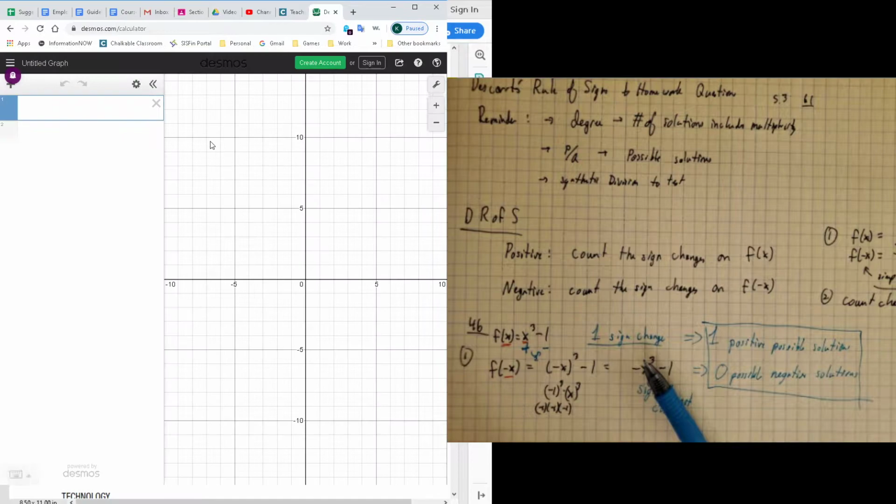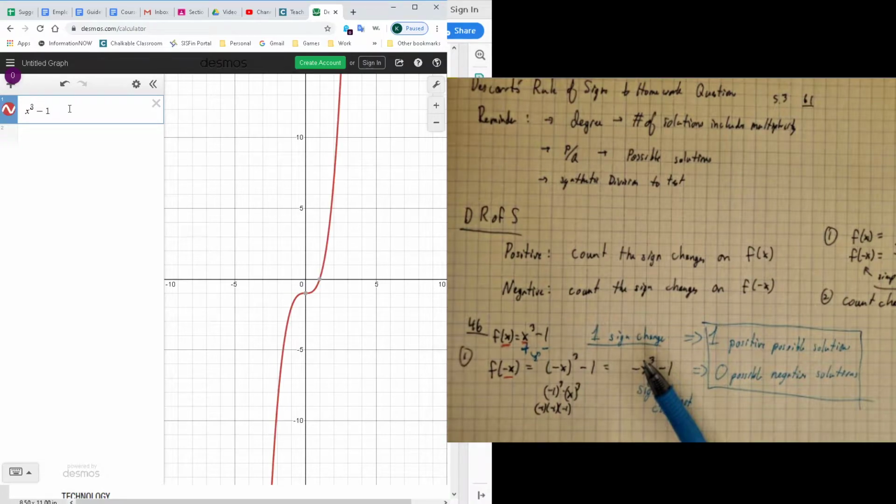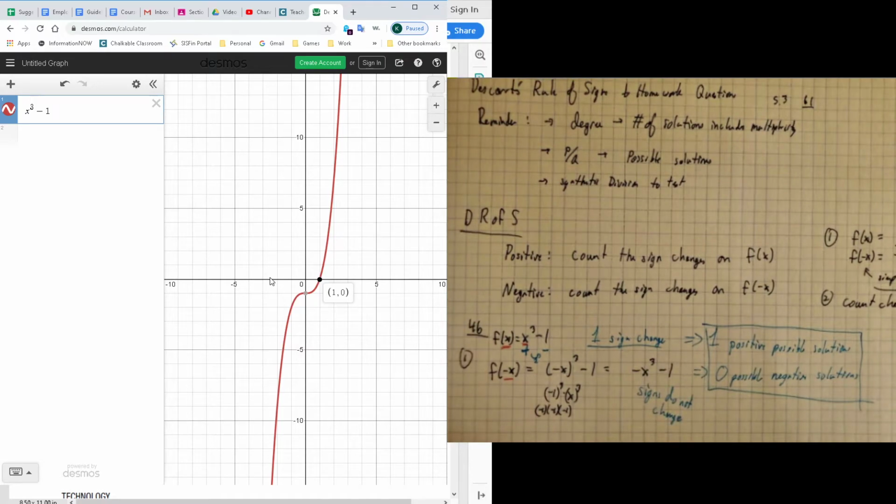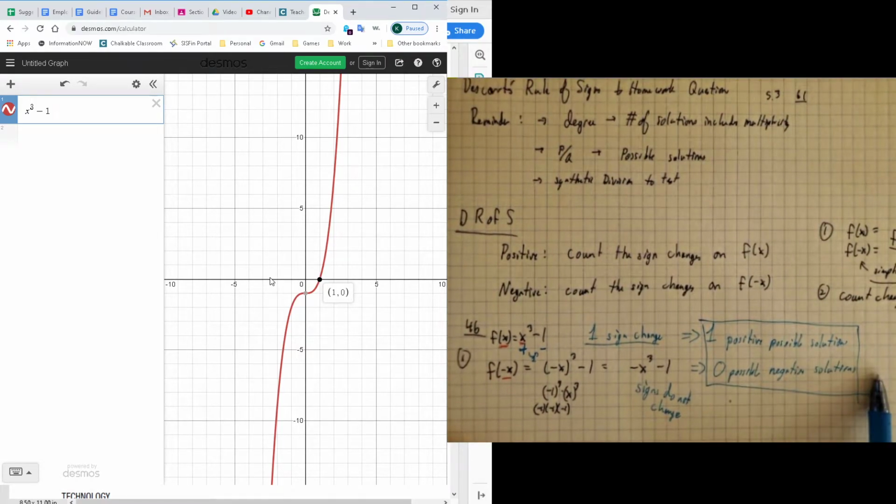And in Desmos, I'm going to look at x to the third minus 1. And look at that. How many negative solutions are there? None. How many positive solutions are there? 1. There are 0 negative solutions. There is 1 positive solution.